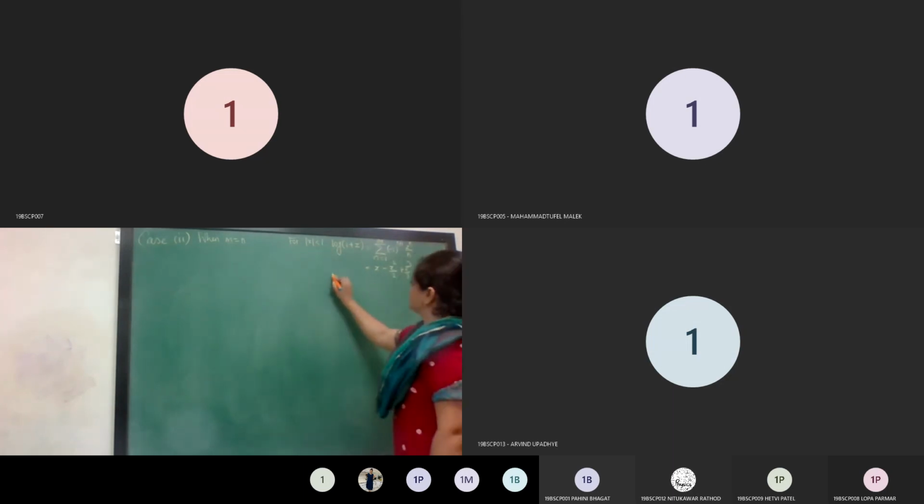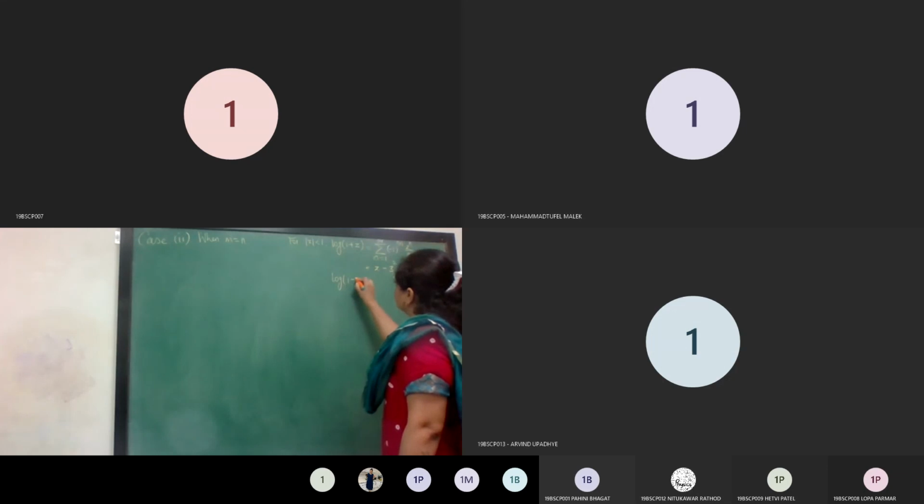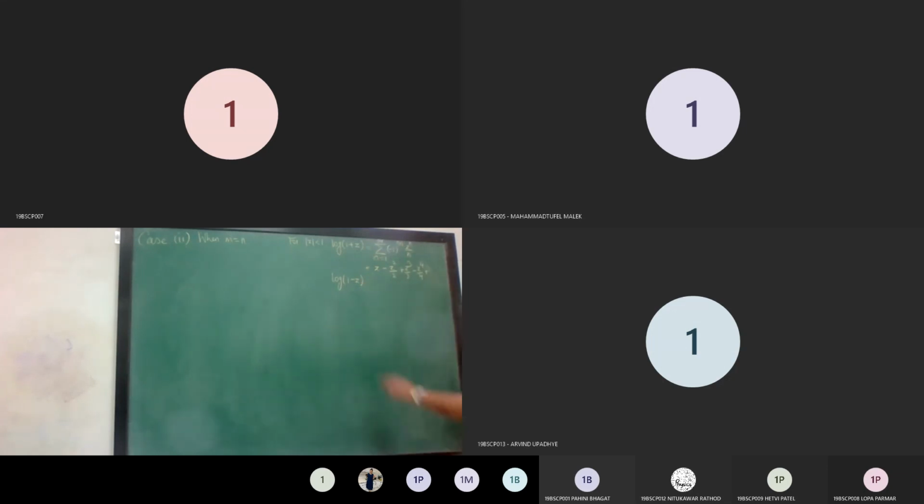And similarly when you consider log of (1 - z), at that particular time z will be replaced by minus z in this case. Wherever there are even powers, there will be no change in the sign.